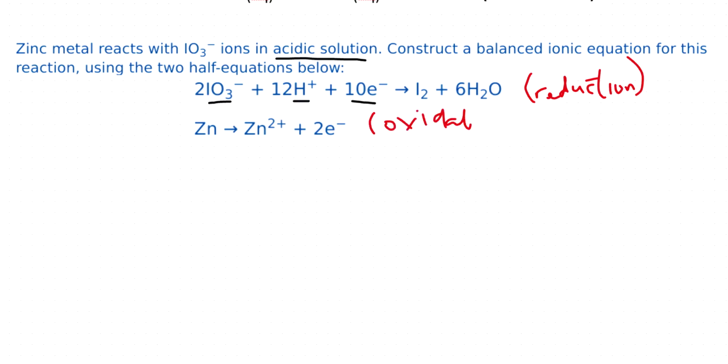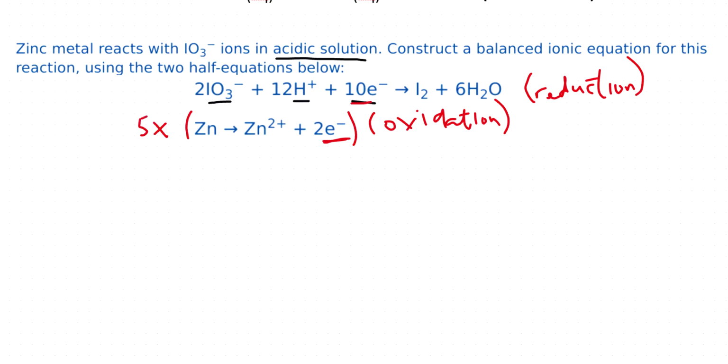So for us to construct the full equation, we need to balance the number of electrons. In the reduction part, we have 10 electrons, and in the oxidation part, we have 2 electrons. So what do we need to do? We'll multiply the oxidation part by 5 in order to balance the equation. So putting that 5 there, we use that to multiply everything.